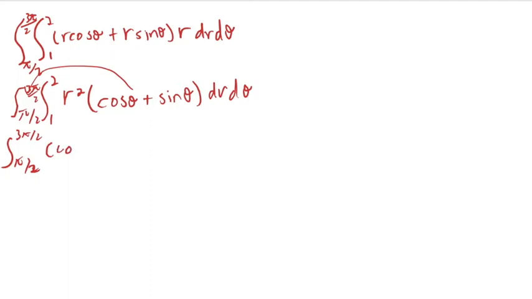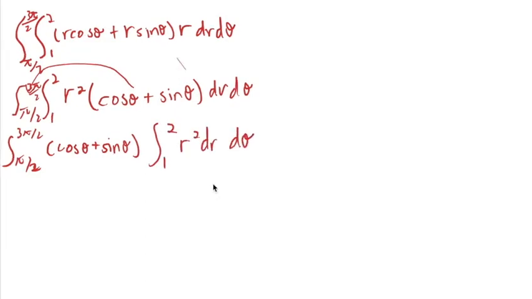That's cosine theta plus sine theta, and that's going to be from 1 to 2, r squared dr d theta. Now we're going to integrate in terms of r. So we're going to be integrating this section right here. When we do that, it's going to be r cubed over 3 from taking the antiderivative. That's going to be from 1 to 2.